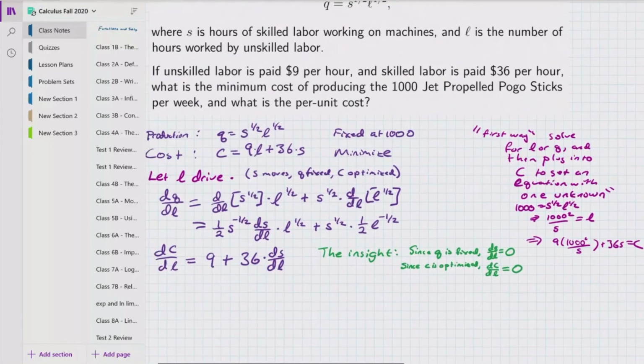If Q is fixed and C is optimized, dQ over dL is going to be 0, and dC over dL is going to be 0. If Q is optimized and C is fixed, dQ over dL equals 0, and dC over dL equals 0. So, 1 to 5, how do we feel about that? They're actually the same problem. And so there's this idea that I can get a little clever with it.